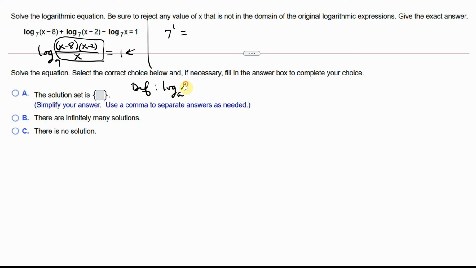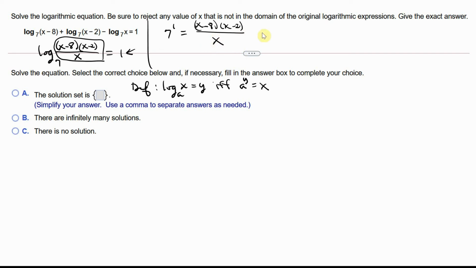Log base a of x is equal to y if and only if a to the y is equal to x. So this is equal to x minus 8 times x minus 2 all over x.